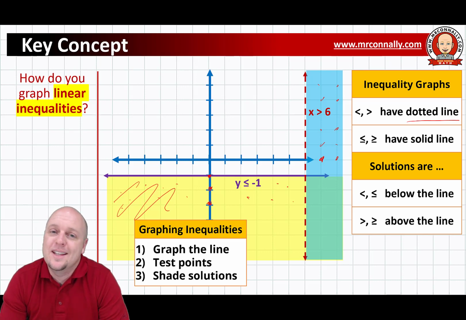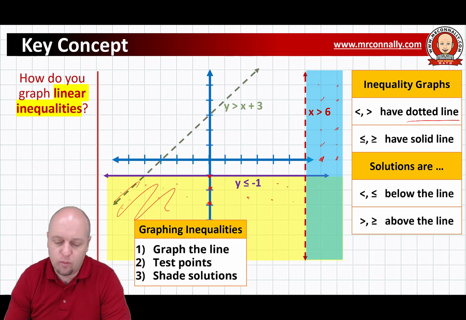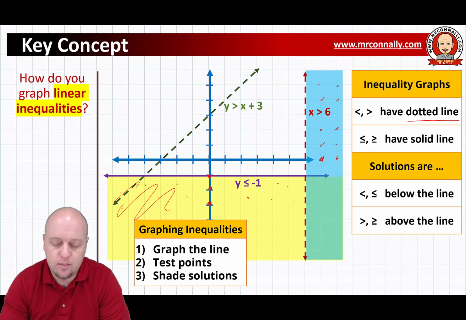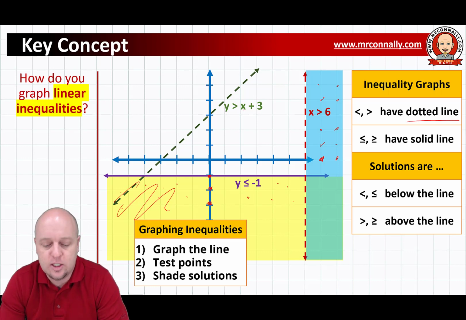Okay, now what if it's a diagonal line? Let's say I have y is greater than x plus 3. Well, I draw the line like I normally would. I pretend it's y equals x plus 3. I graph it on there. And in this case, it's greater than, so we're going to have a dotted line again. But here is a little trick to help you. If it's less than or less than or equal to, you want to shade under the line, or below it.